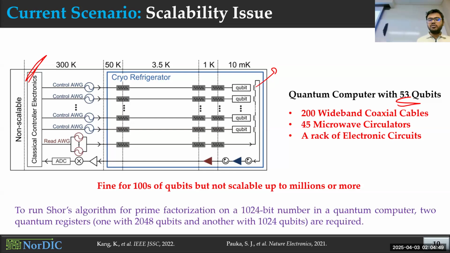And also, as I mentioned, we actually need thousands of qubits in a quantum computer because, for example, if you want to run Shor's algorithm for prime factorization on a 1000-bit number, you need more than 3000 ideal qubits. And we don't have that in any of the existing quantum computers. IBM has around 400 qubits, okay? But we don't have thousands of qubits. And also we need ideal qubits.